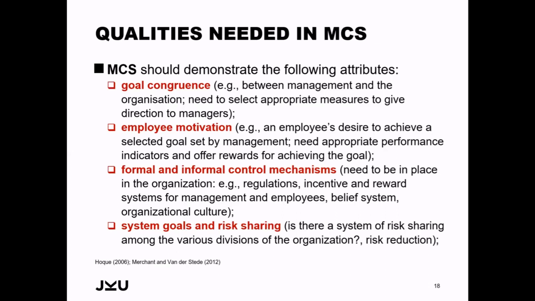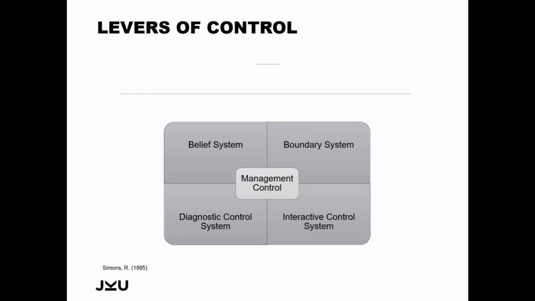We have formal as well as informal control mechanisms that we can apply to control behavior and risk, by spreading goals throughout the system. Let's say more than one department: we interlink certain goals and mechanisms so that they are not linked to just one department, but to two or three, and thereby spread the risk.